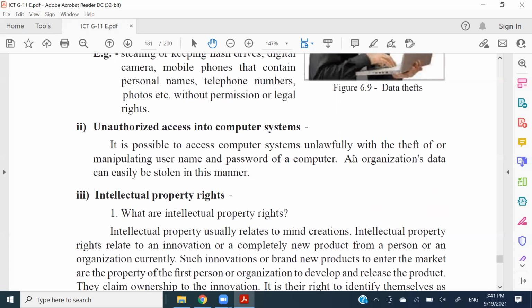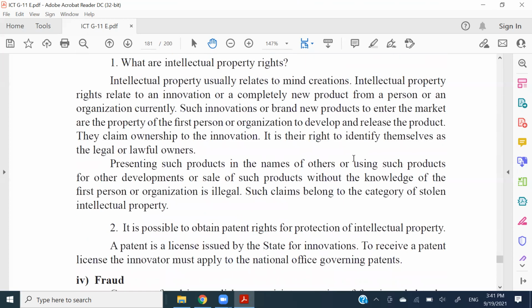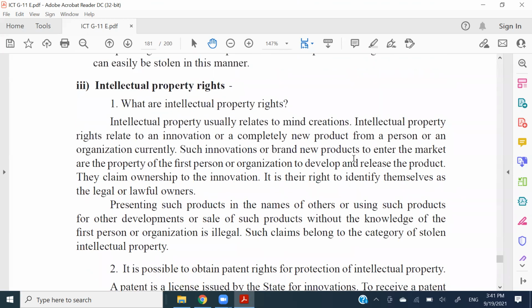And the third one is a very serious problem, intellectual property rights. Now it is like violating those rights, right? Most of the things produced on the internet have intellectual property, right? Even though it is not bound with intellectual property, it is someone's intellect, right?